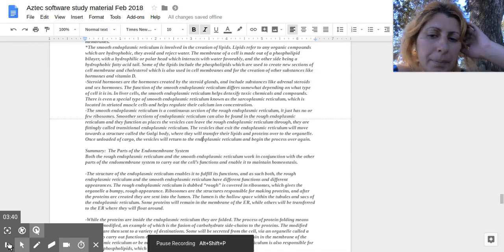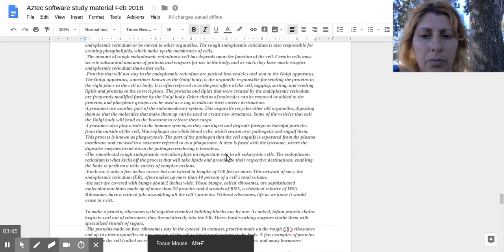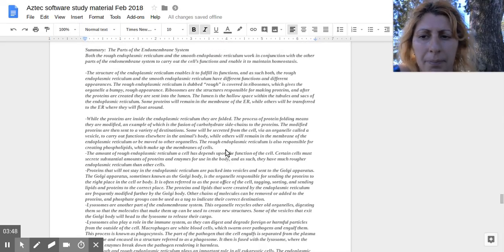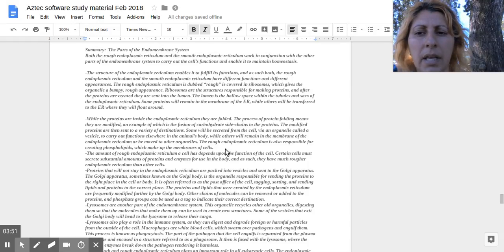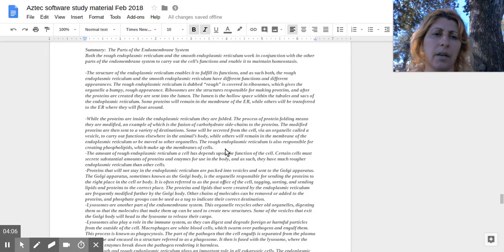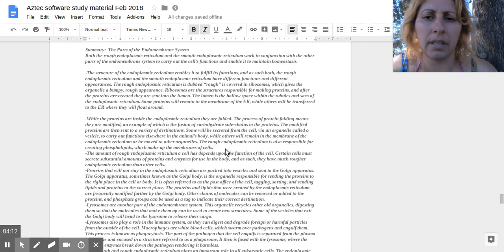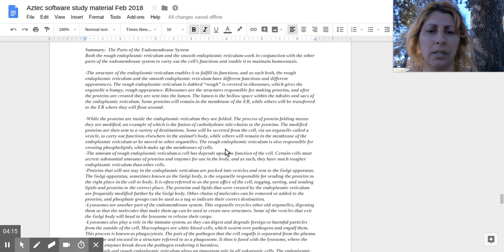So, in summary, the various parts of the endomembrane system, so the cell membrane and all the different parts of the cell, the rough ER, the smooth ER work in conjunction with the other parts of the endomembrane system to carry out the cell's functions and enable it to maintain homeostasis, which is a balanced environment with all the different molecules being at the levels and concentrations that they need to be to maintain a normal, healthy cell environment and healthy tissues.